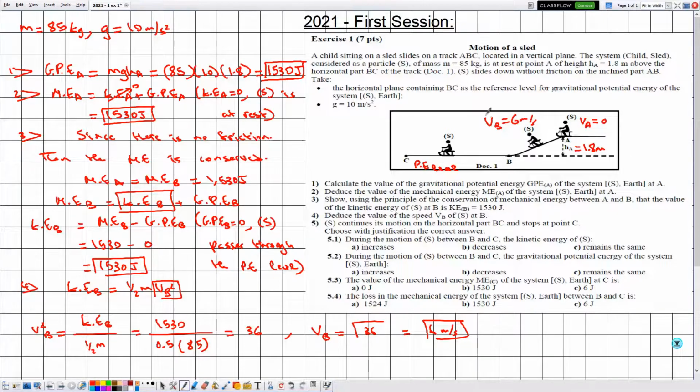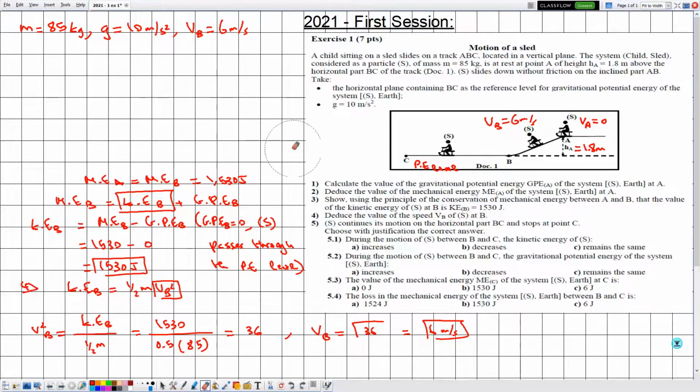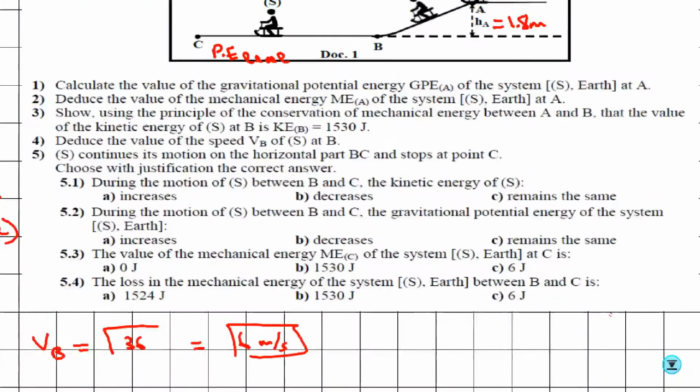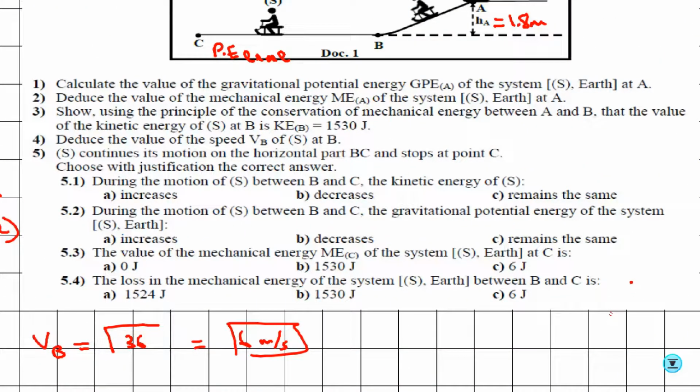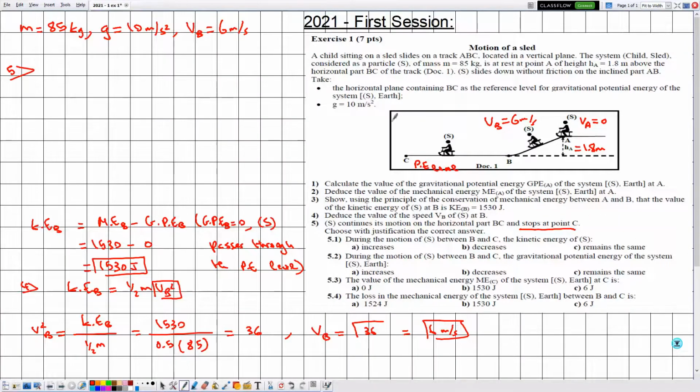Then now we have reached number 5. In number 5, they are telling us S continues its motion on the horizontal part BC and stops at the point C. Because it stops at the point C, the speed at the point C is going to be 0.